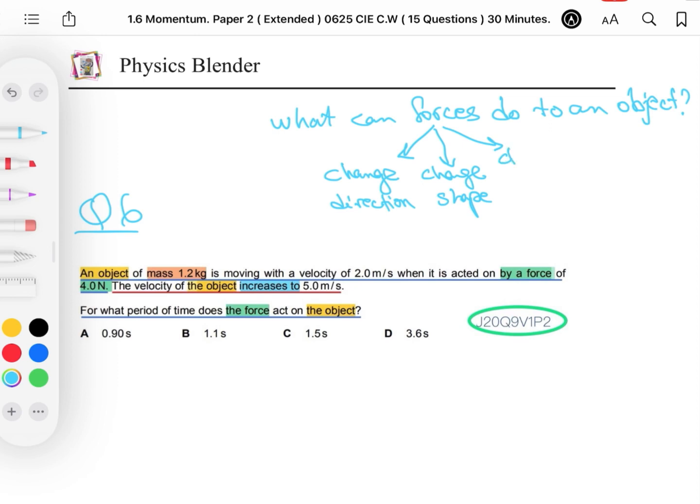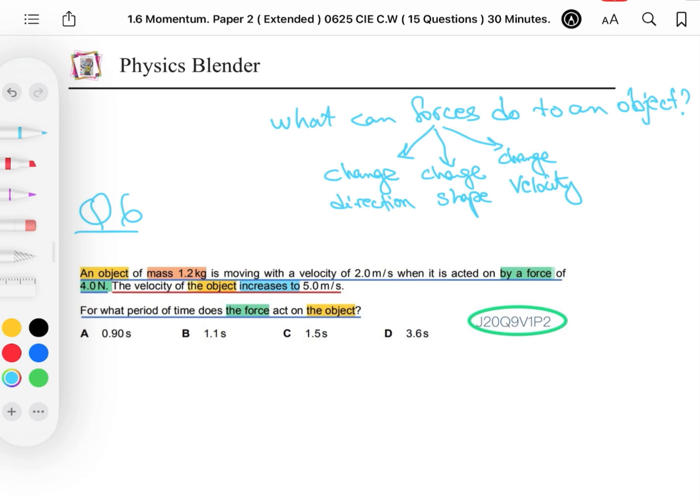They can change velocity like what we have in our example here. Velocity increases. Also they can allow the object to be at rest if the object is moving, or to start moving if the object is at rest.